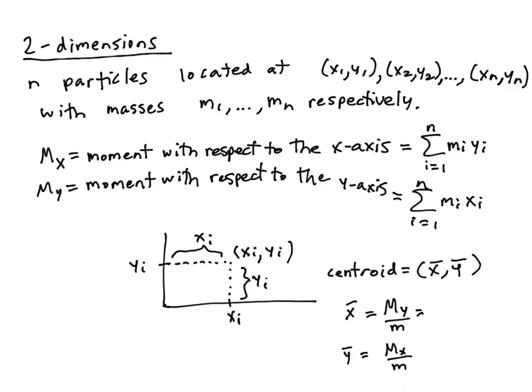If you write these out, it makes sense, because these are all of the x coordinates involved. There are no y coordinates at all involved in x bar. And over here, same idea too, right? We have the sum of mi yi divided by the sum of mi. So this is how we find x bar, and this is how we find y bar.